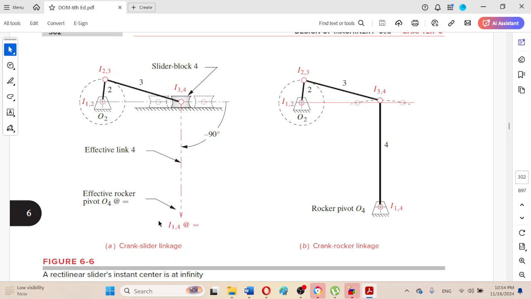So the permanent instant center I1, 4 is located at infinity.